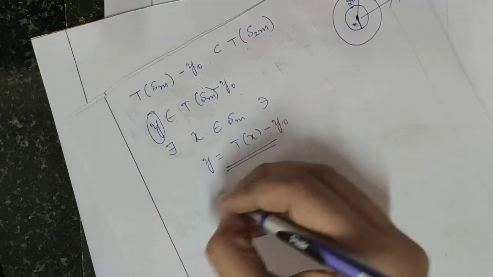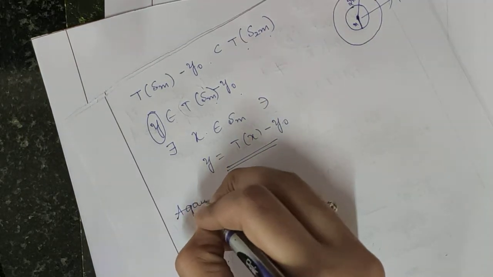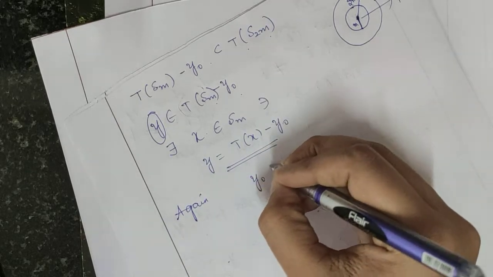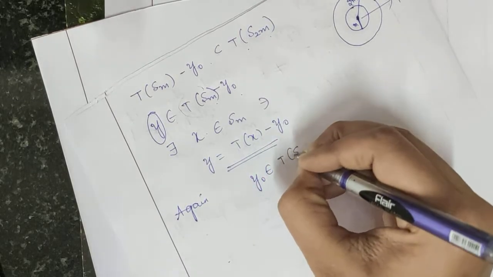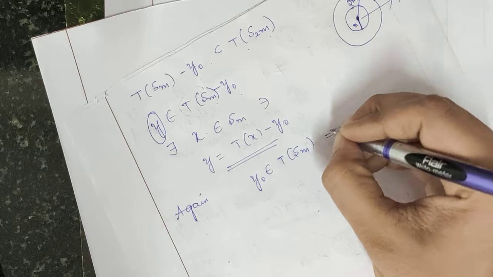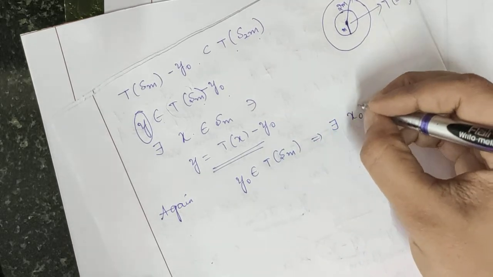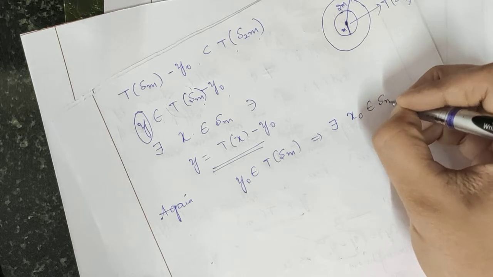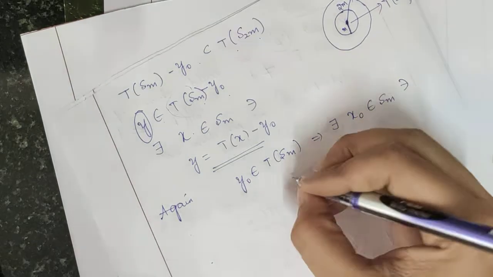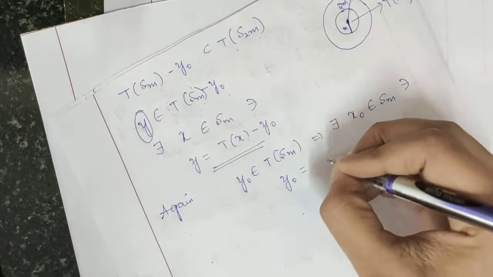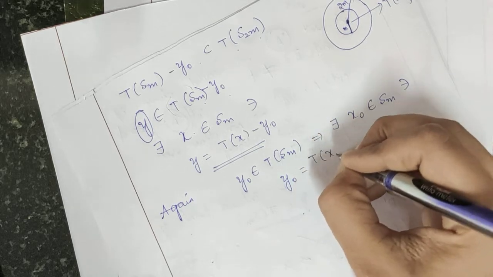Now from this again, y0 belongs to T of Sm. This implies there exists one more point, say x0, belonging to Sm such that y0 is equal to T of x0.